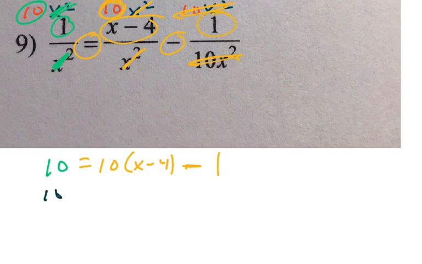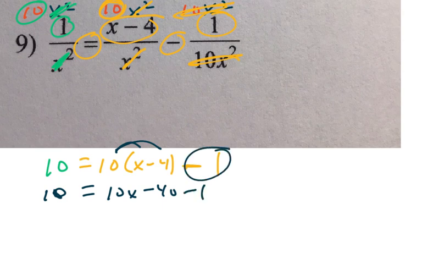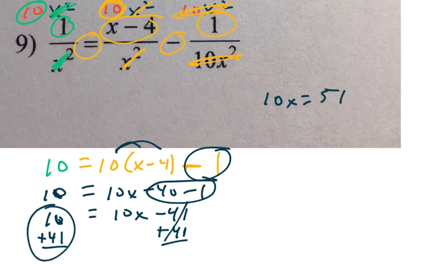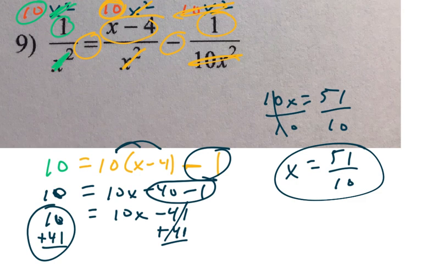So now I have 10 equals, distributing, I got 10x minus 40 with this minus 1. 10 equals 10x minus 41. Minus 40 minus 1 is minus 41. Now I'm going to solve by adding 41 to both sides. So 10x is going to equal 51 because 10 plus 41 is 51. And I finish by dividing by 10. So x is 51 tenths, which can't be simplified or reduced.